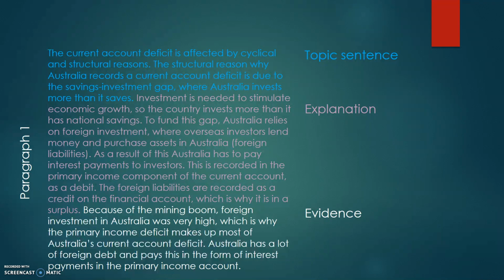So all these are really important concepts, and these concepts were then followed by some evidence. So the evidence relates to how Australia was experiencing a mining boom and that required foreign investment, which resulted in the need to pay interest on these borrowings. So this I thought was a really good example of a paragraph.